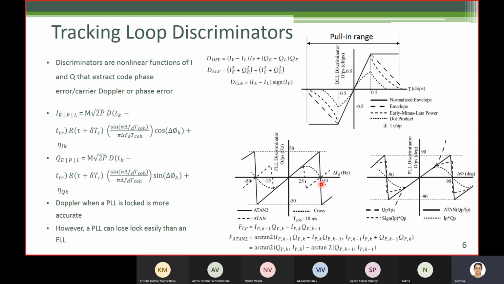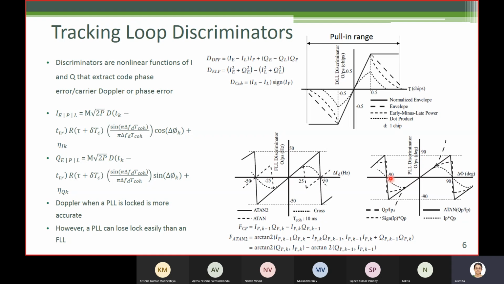So few cycles, 50 Hz means 50 cycles, 25 Hz means 25 cycles. How about the corresponding PLL discriminator, where we are trying to bring the carrier phase error to zero? So these are some of the PLL discriminator outputs. Along the x-axis, you have the actual carrier phase error, and along the y-axis, you get the corresponding discriminator outputs.